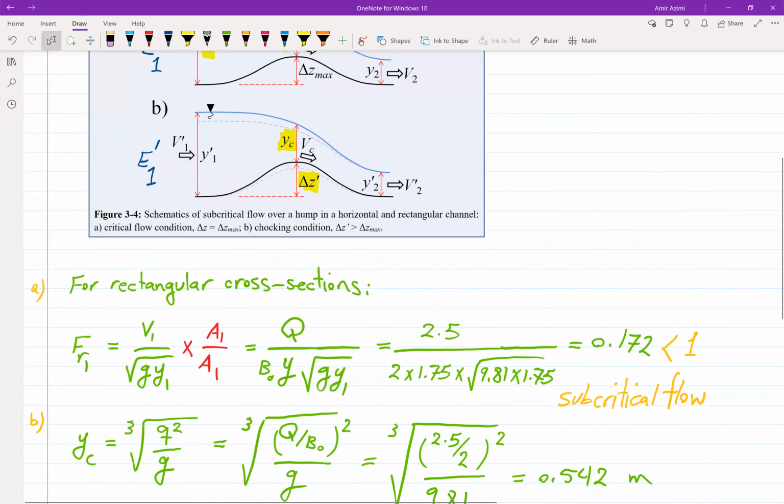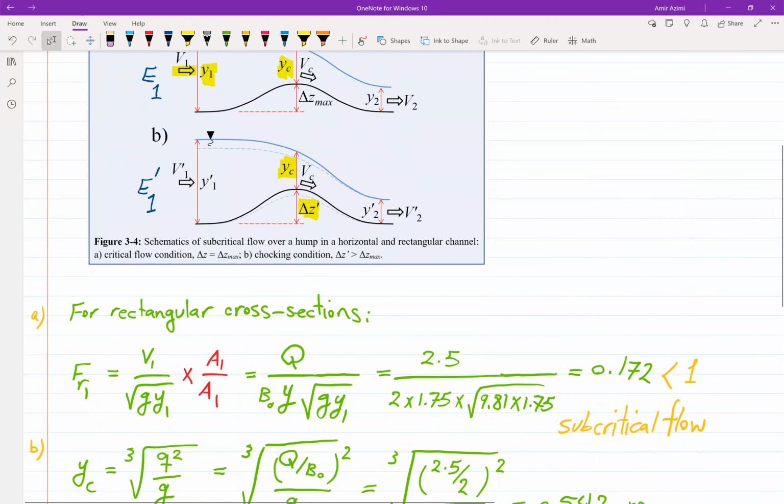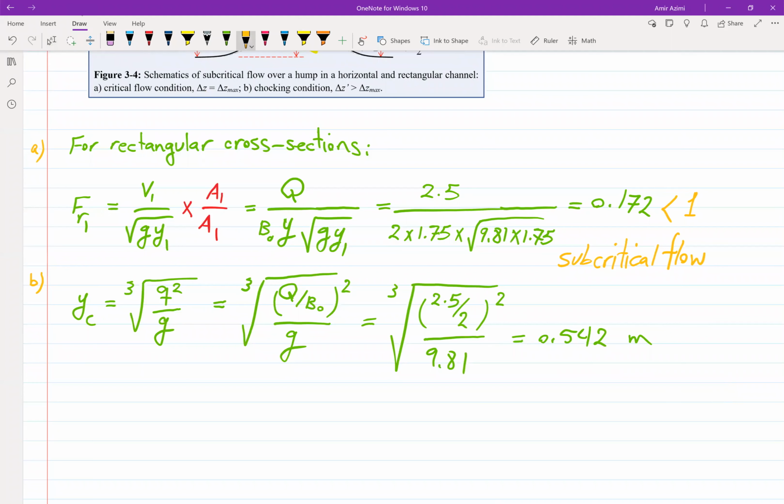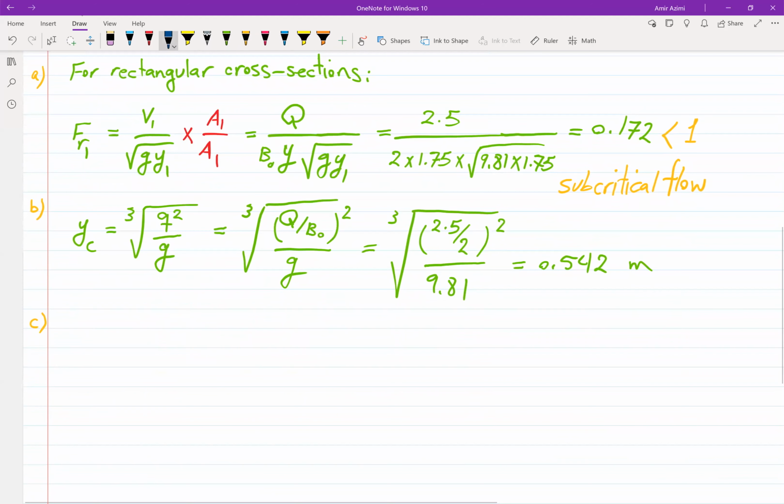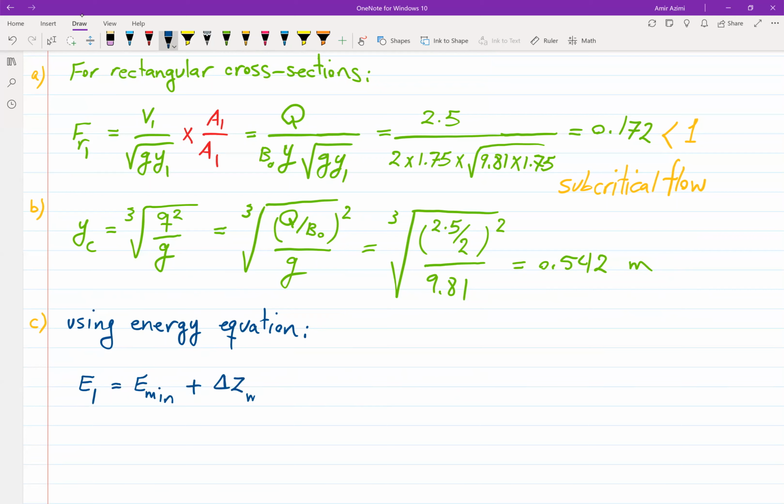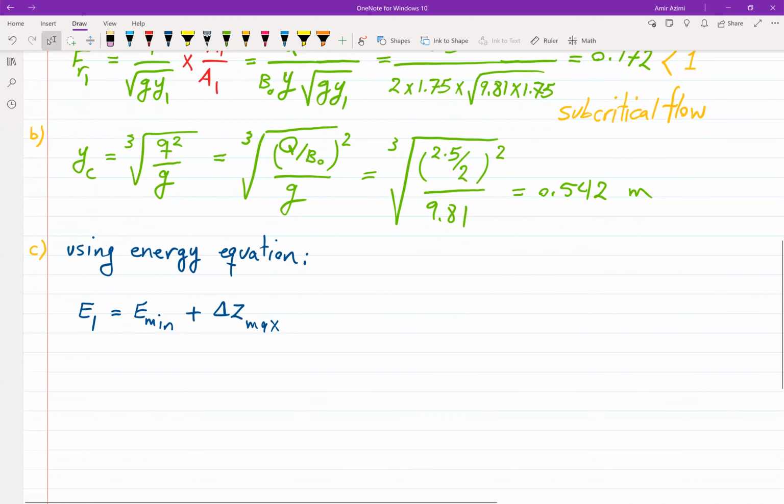So in part C, we would like to know what is delta Z max. So using the energy equation, E1 is equal to E minimum plus delta Z max. Okay, so what is E minimum?